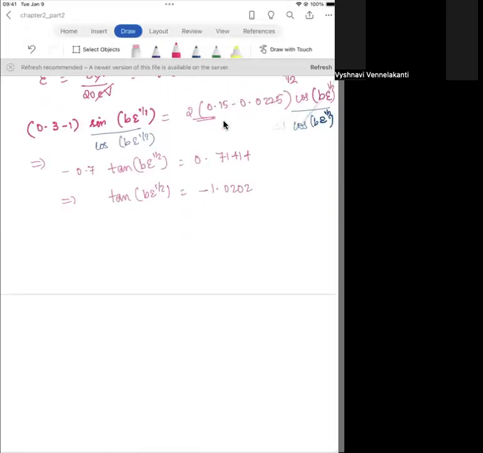So what we need to do now is take the inverse.